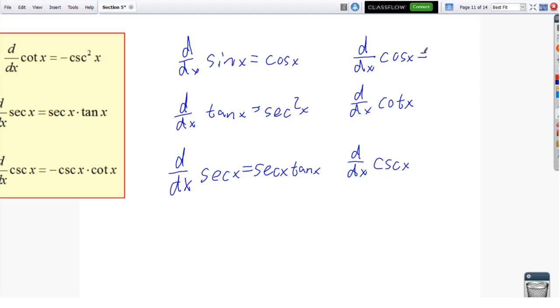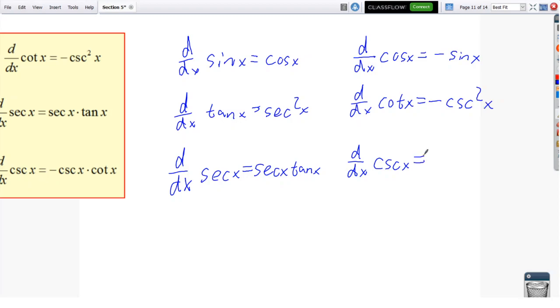And when I take the derivative of cosine of x, it is going to be analogous to the derivative of sine, except anything that starts with a co is negative. So negative, analogous to cosine is sine. The derivative of cotangent is analogous to the derivative of tangent, but it's negative, and instead of secant, it's cosecant.